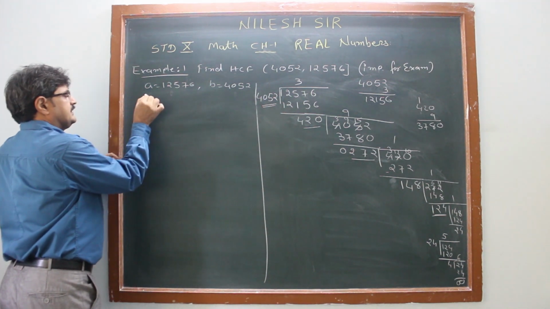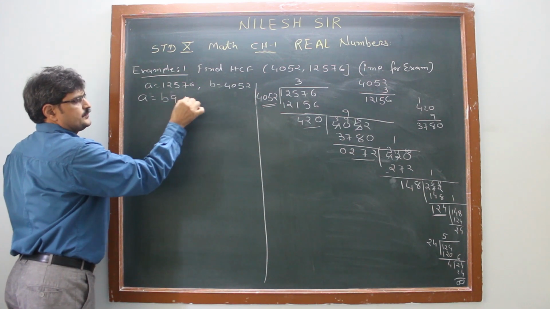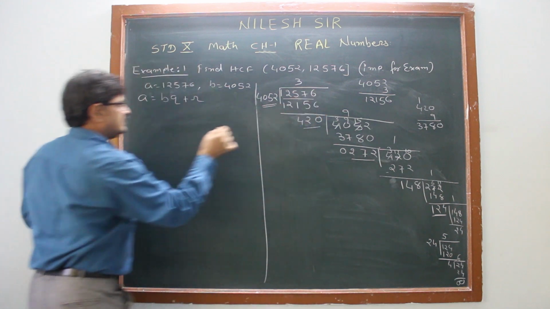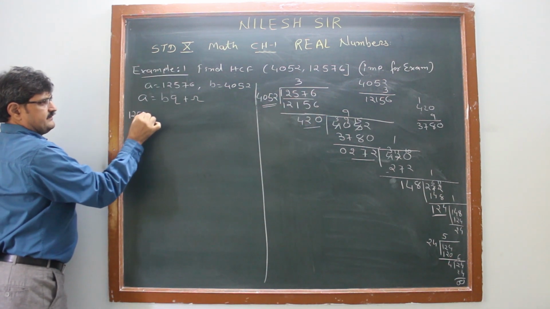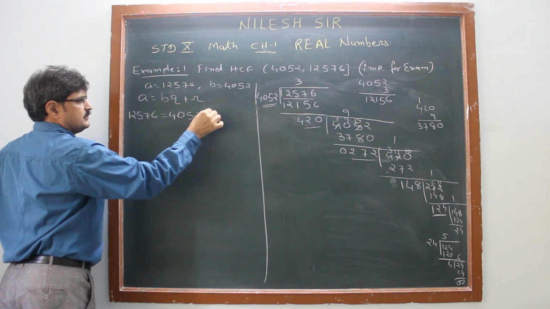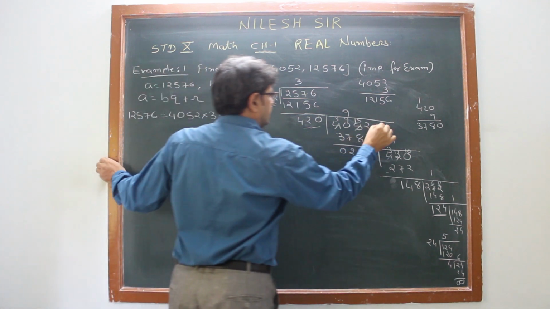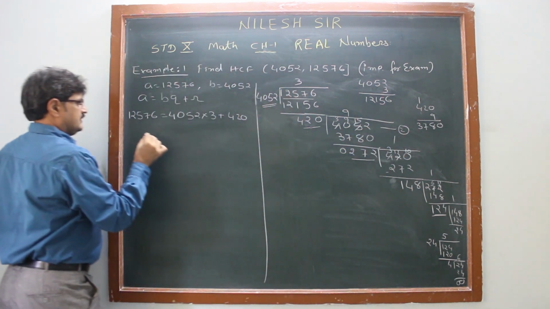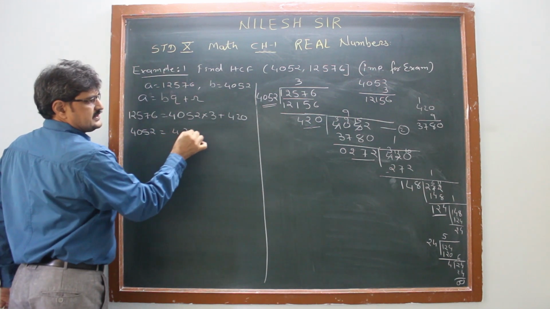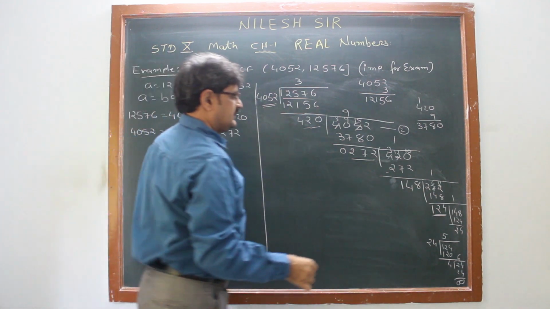I will write it using Euclid's division lemma, which is A is equal to BQ plus R. So first I will write 12576 is equal to 4052 multiplied by 3 plus remainder 420. Now our second dividend, 4052, is equal to 420 into 9 plus 272.